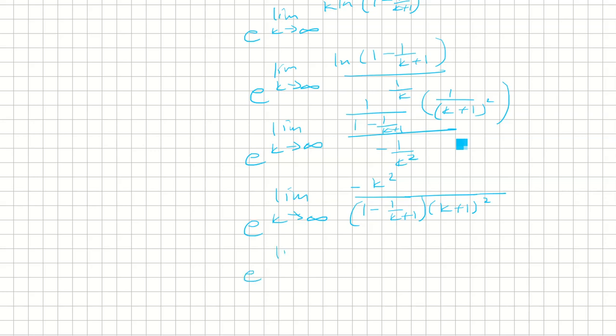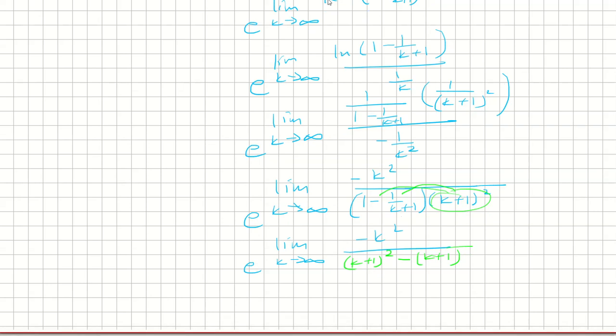Let's just distribute the k plus 1 squared. So it's k plus 1 squared times 1, which is k plus 1 squared, minus k plus 1 squared times 1 over k plus 1, which is just k plus 1, like that.